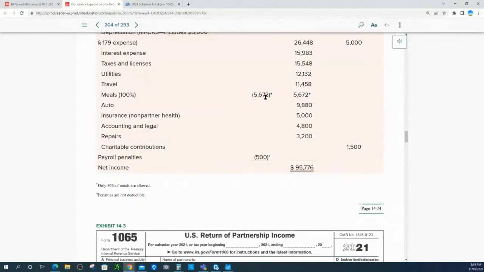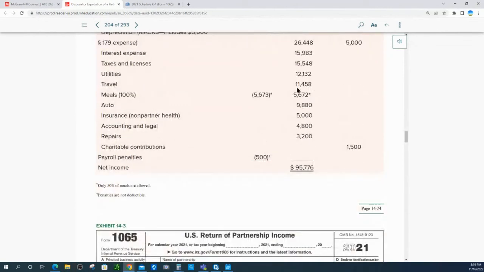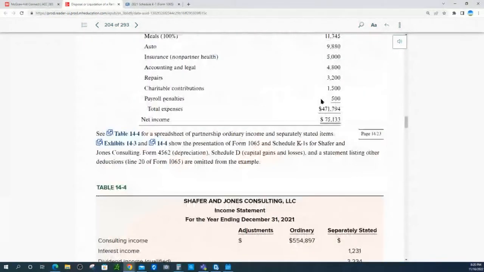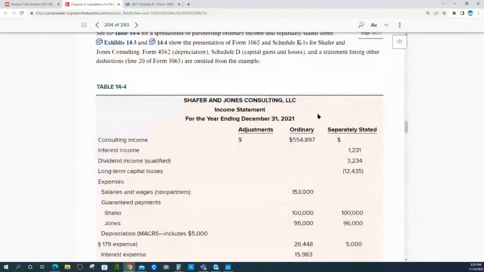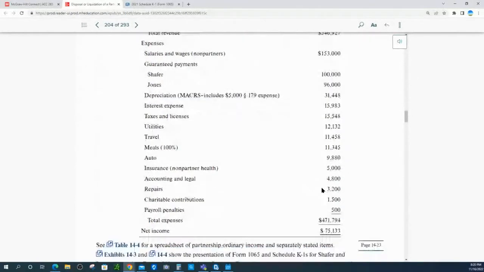Now remember, in 2021, you actually could take 100% of the meals for tax purposes, but they're assuming 50%. Insurance, accounting and legal, payroll penalties, not deductible, remember, but they would be showing up on the financial statement and would end up being part of the income statement and the balance sheet.